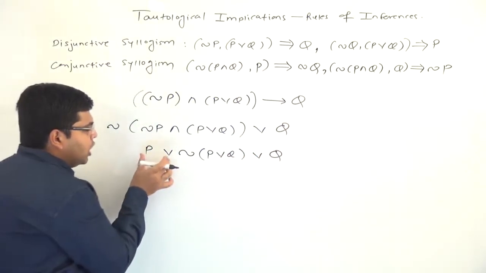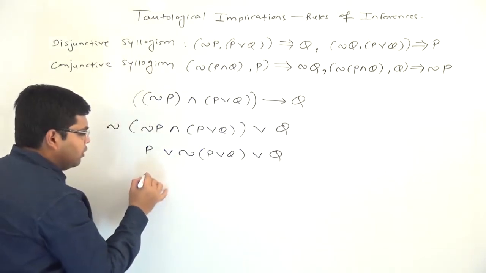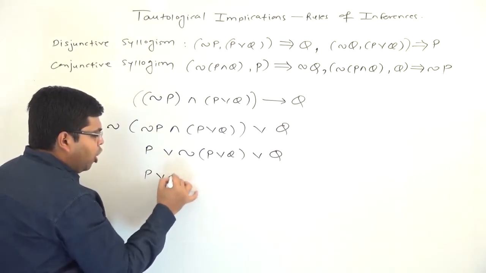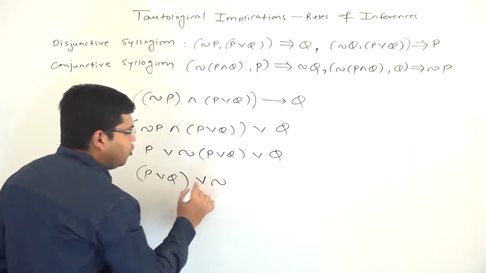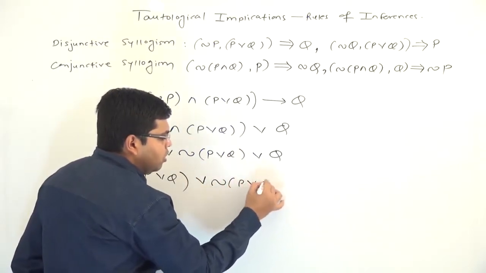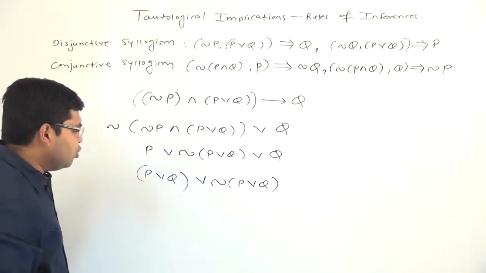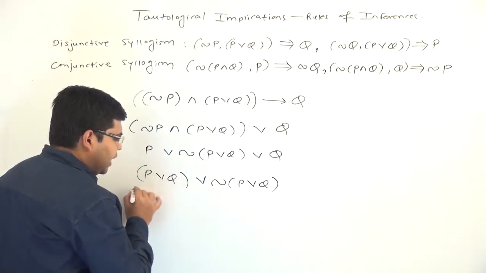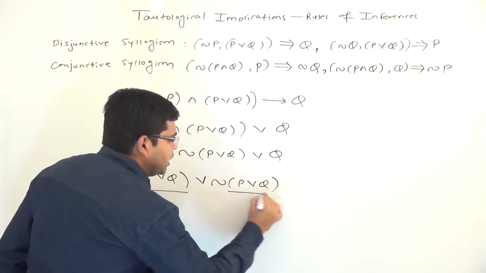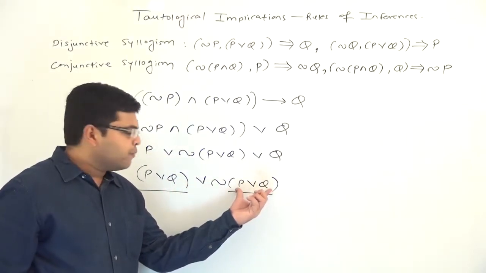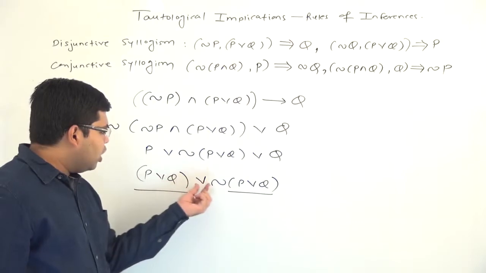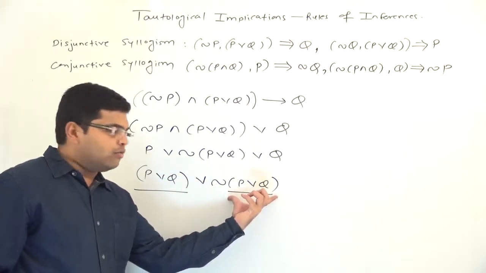Now if you club this together, it becomes (P or Q) or negation of (P or Q). If you compare this with the format F or negation of F, because these brackets are the same, we have a formula or negation of the same formula.